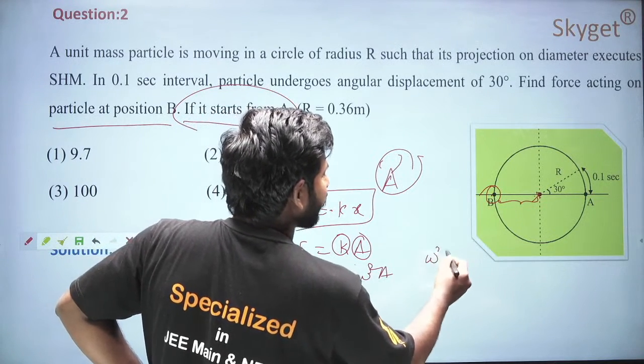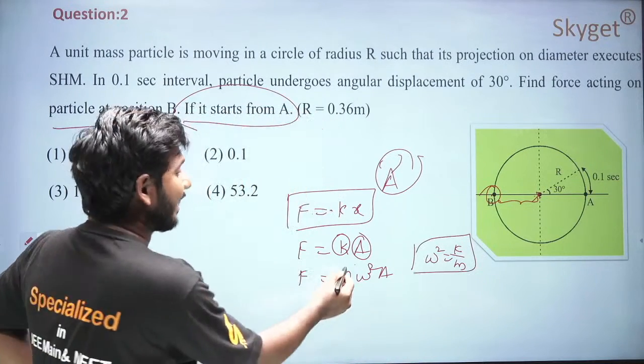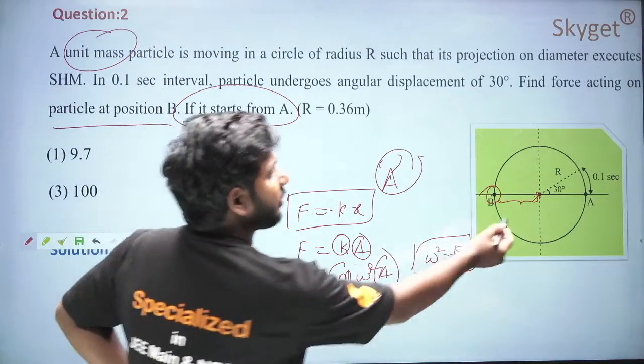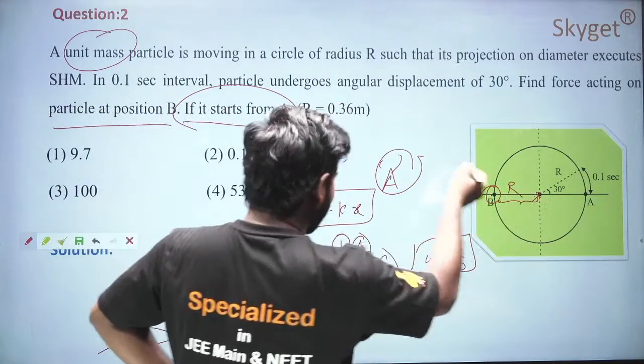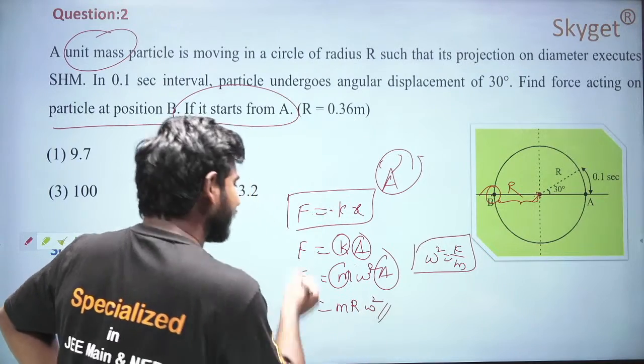We know that omega square is equal to k by m. M is the unit mass here, students. A, the amplitude, is nothing but the radius here. So the answer will be m r omega square, which is the force.